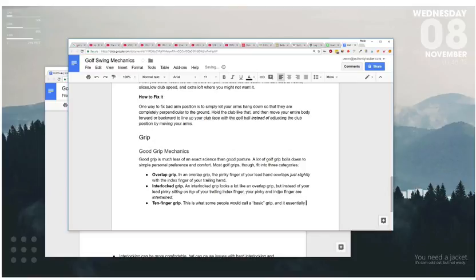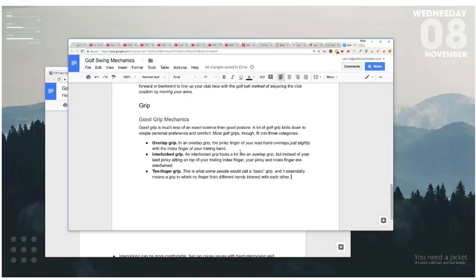And it essentially means a grip in which, what's a good way to explain this? No fingers from different hands interact with each other. Yeah, whatever, that's fine. Probably a better way to say that, but we're getting words on the page, man, so that's good.